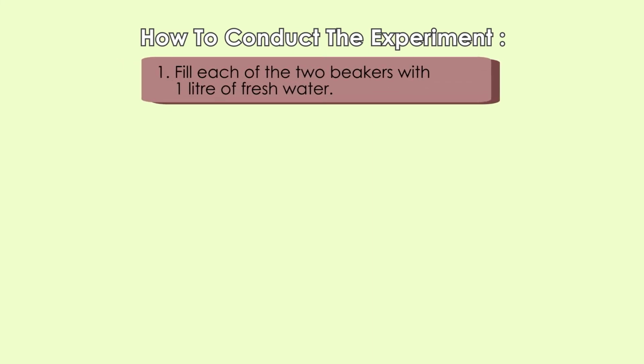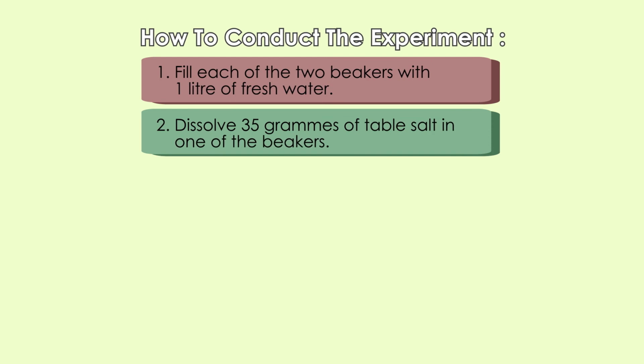Now, how is the scientist going to conduct this experiment? Fill each of the 2 beakers with 1 liter of fresh water. Dissolve 35 grams of table salt in one of the beakers.